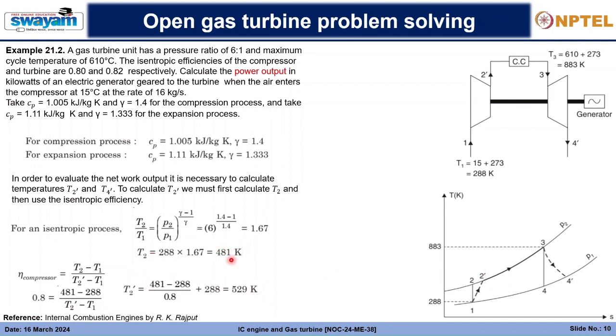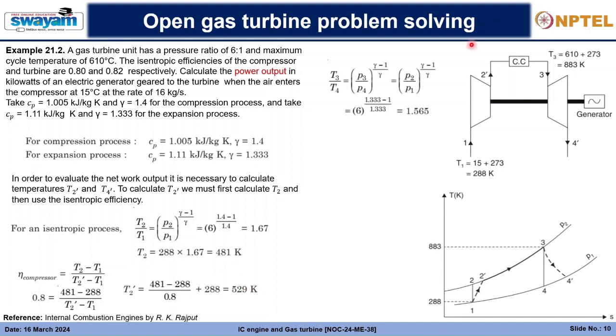You can see 481 Kelvin is T2, and due to the isentropic efficiency of the compressor, a huge amount of heat is being added unnecessarily in order to elevate to that pressure. That's why the temperature rises to 529 Kelvin here.